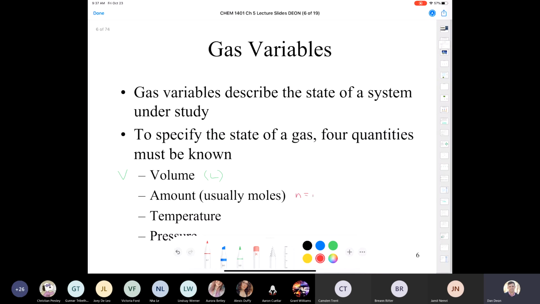So I'll say n is equal to the number of moles, like that. We're also going to use temperature, and the units that we'll use for temperature are Kelvin, and I'll explain why we use Kelvin. And then finally, we're going to use P as our variable for pressure, and we're going to use several units for pressure that you're going to see throughout this chapter and in the textbook.